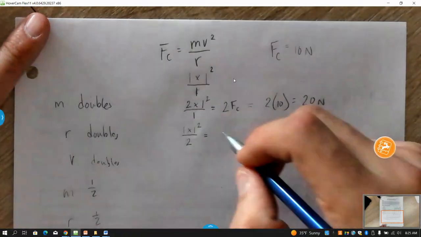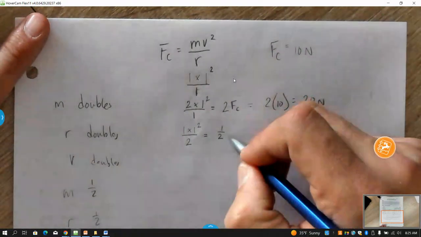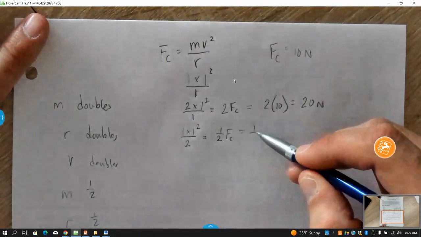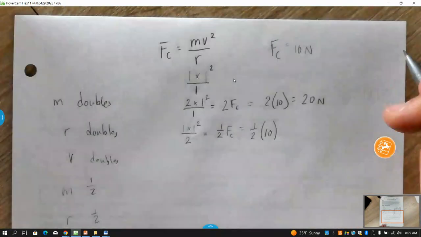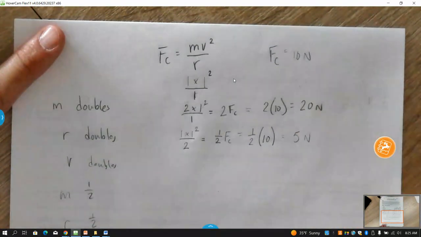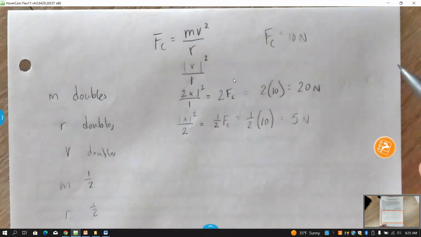And then 1 divided by 2 is just 1 over 2, or 1/2 the original centripetal force. And if the original centripetal force is 10, what's half of 10? 5 newtons. That's if the radius doubled. So if the radius is doubled, the centripetal force gets cut in half.